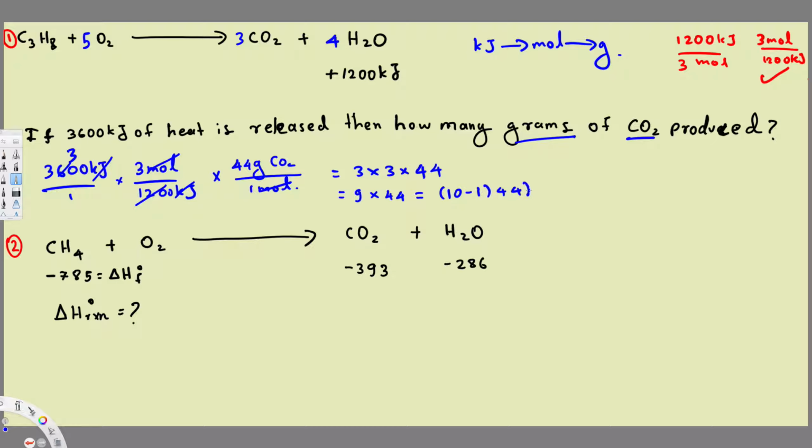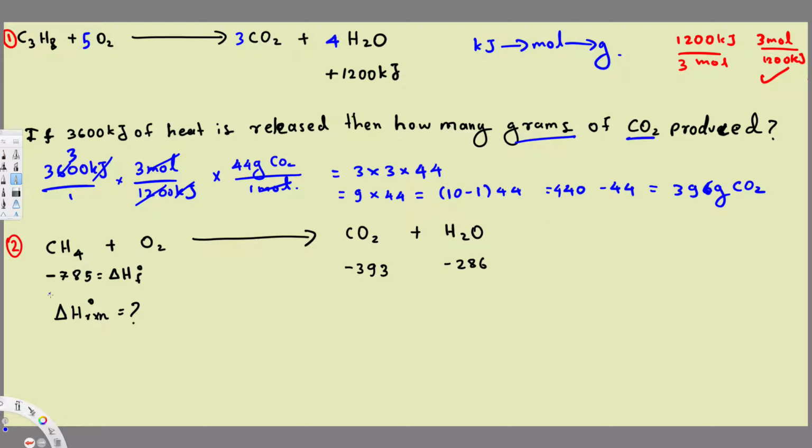We know that 44 times 10 is 440, minus 44, that's going to be 396. So 396 grams of CO2 is produced when 3600 kilojoule is released. So that's how we do this kind of problem.